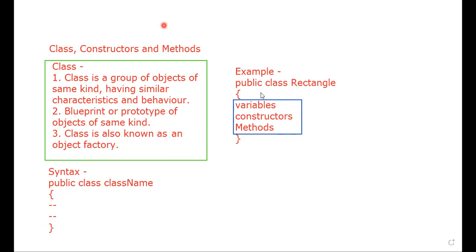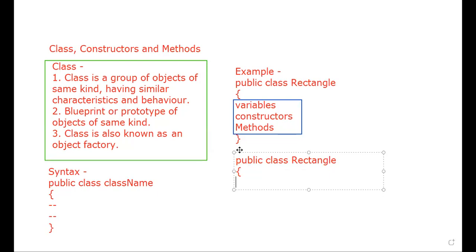So I have written public class rectangle. Now this is basically the example. But if I write it in terms of program, then how will I write? I'll show you. Class. Java is case sensitive. You need to remember this. Public class rectangle. Now, what variables can a rectangle class have?